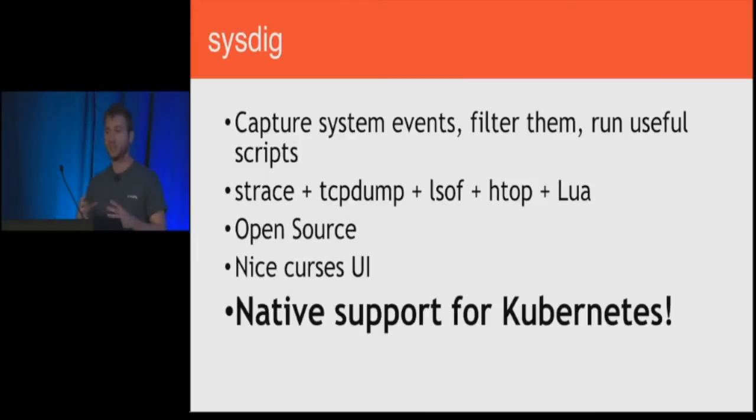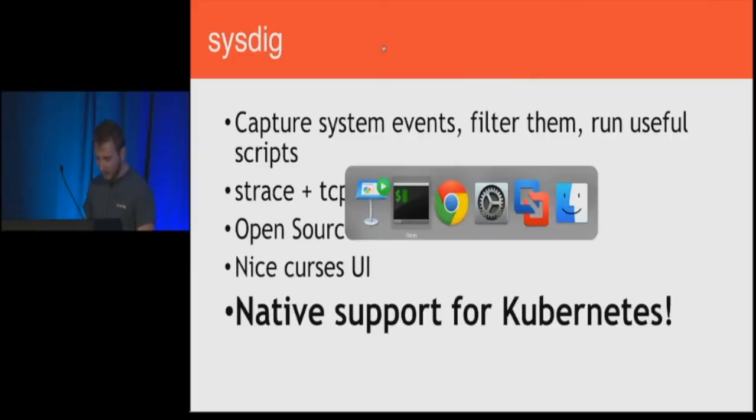It's a system call sniffer that allows you to get all this data, filter it in a very smart way, and run useful scripts on all this data. It is completely open source, and most important for the talk of today, it has native support for Kubernetes, which has just been released a couple days ago, and I'm very excited to show it to you today. So let's get rid of these slides, and let's jump into action.